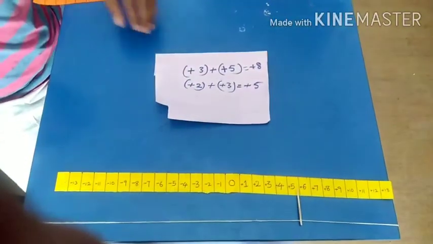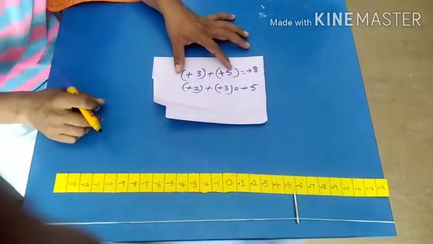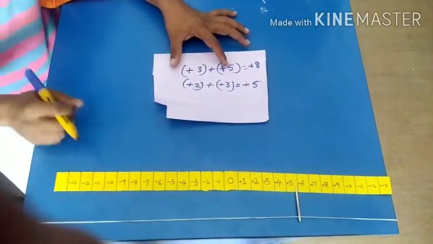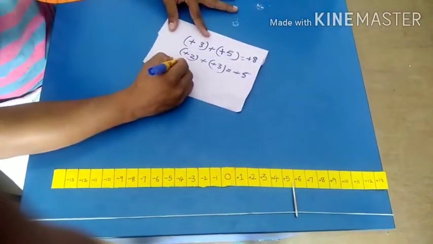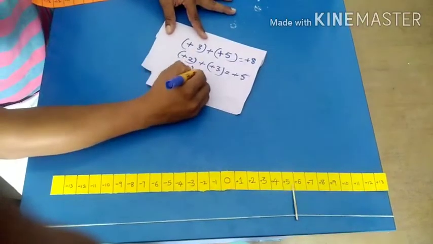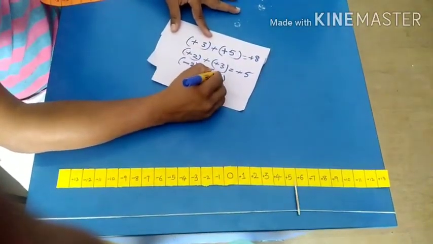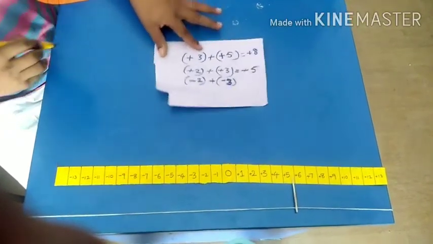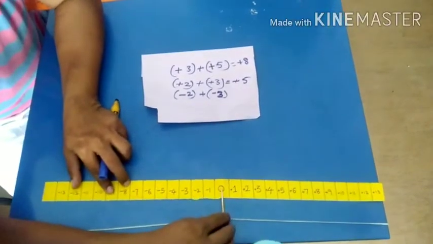Now we have seen how to add positive integers by using this simple method. And now we'll see how to add negative numbers. For example, minus 2 plus minus 3. Now we put it at 0.